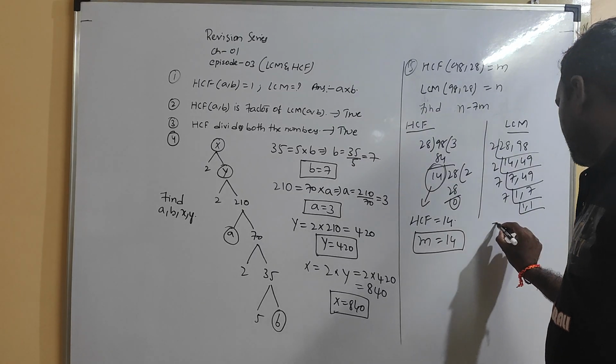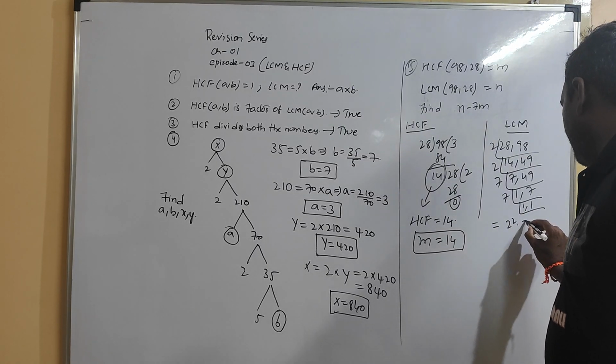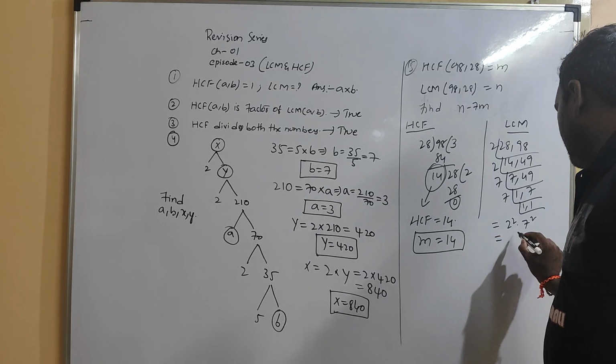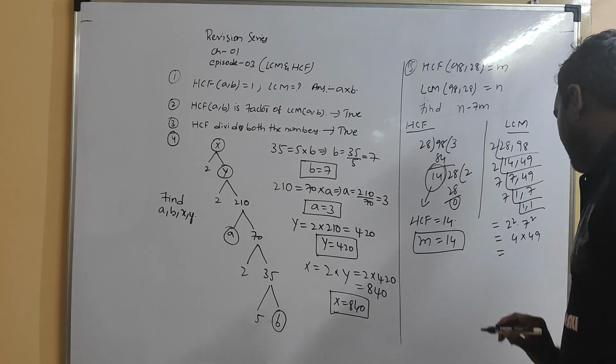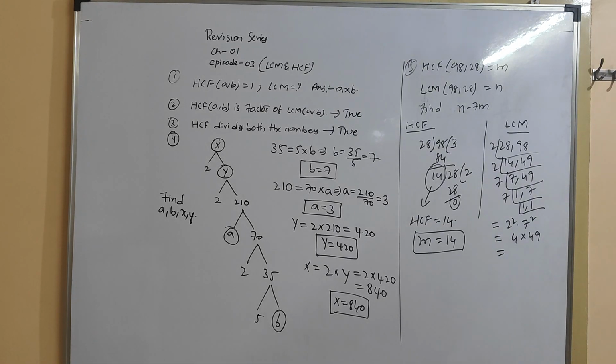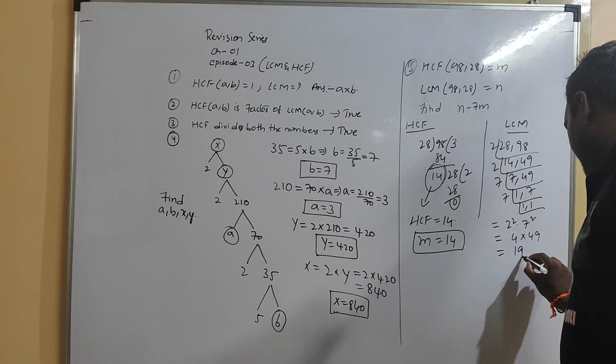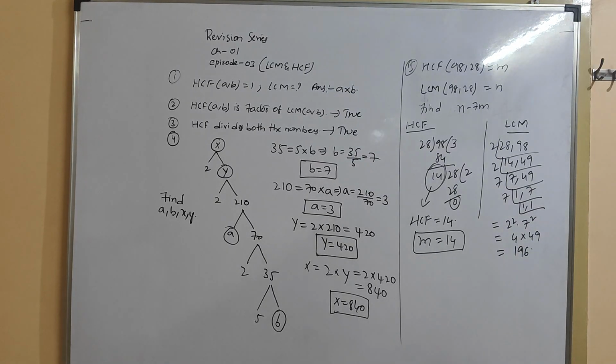So what is the LCM? 2 square into 7 square, that is 4 into 49. 4 into 49 is 196. 196 has to be our LCM. Am I clear?